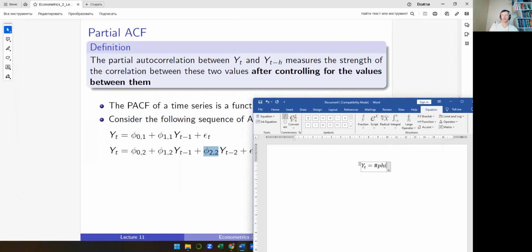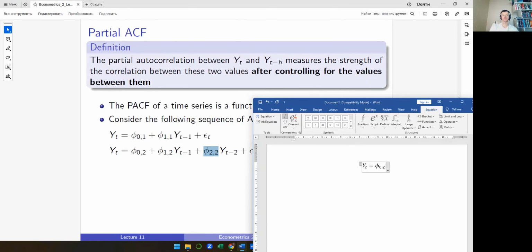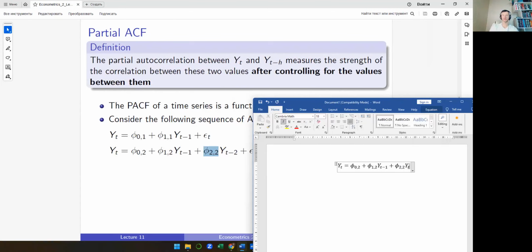This is yt equals phi 0,2 plus phi 1,2 yt minus 1 plus phi 2,2 yt minus 2 plus epsilon t.